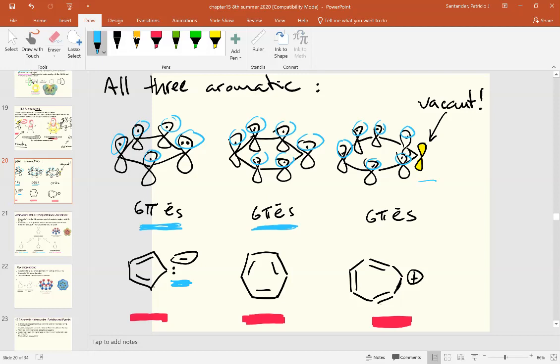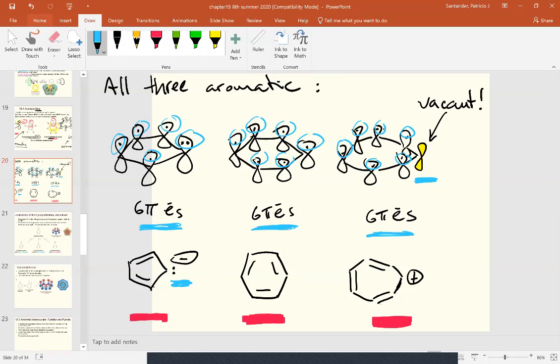And then, attention, there is one particular p orbital that is vacant. Because it's vacant, our total is still 6. And that's how we end up with 6 pi electrons, which will make it aromatic.